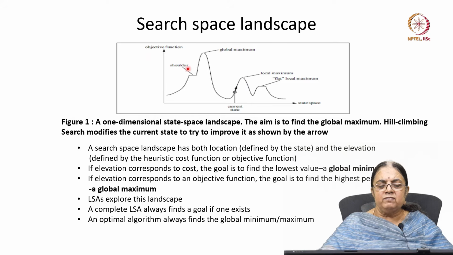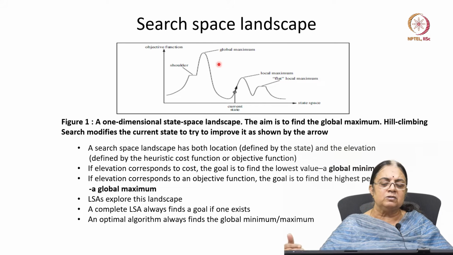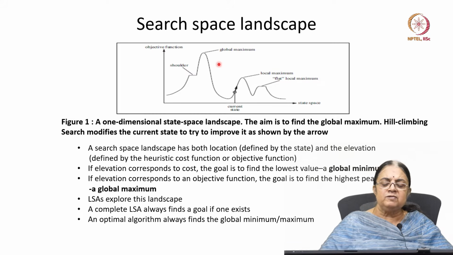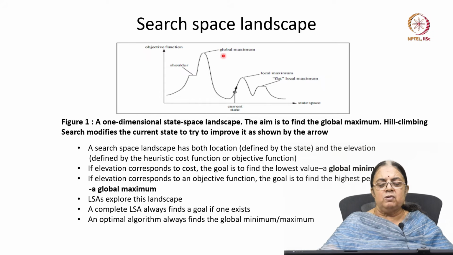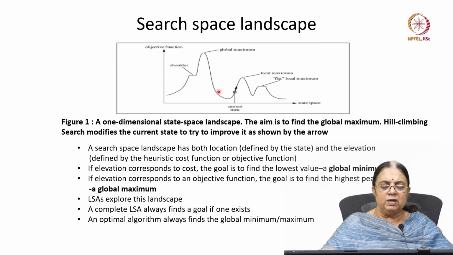Since we are talking about an objective function, we talk about the global maximum. If it was a cost function, then obviously we would want the minimum, or the global minimum. We need to explore this landscape to find the point we are looking for.